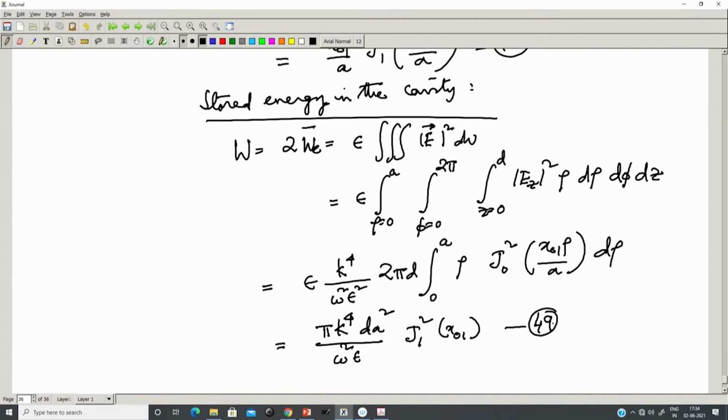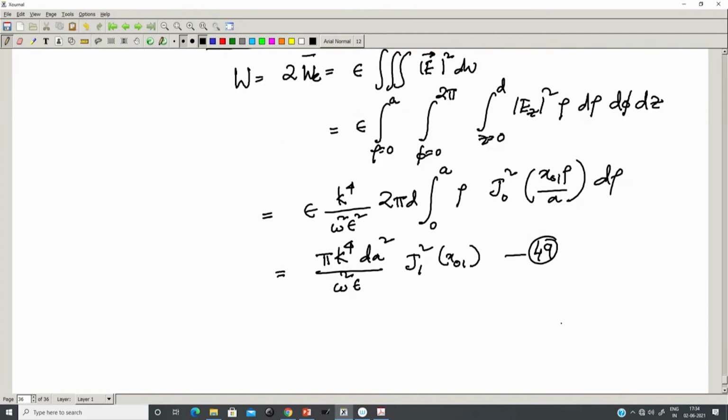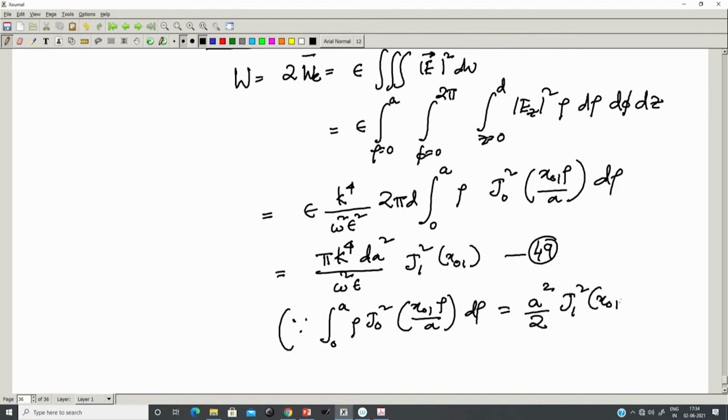Let us call this equation number 49, and this happens since integral 0 to a rho J0 square x01 rho by a d rho is equal to a square by 2 J1 square x01.